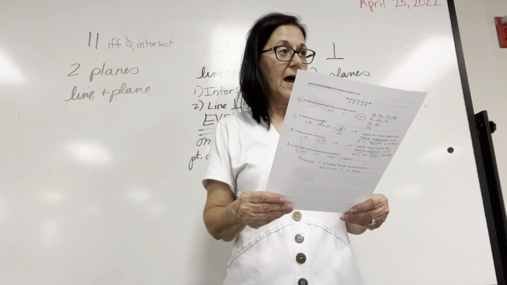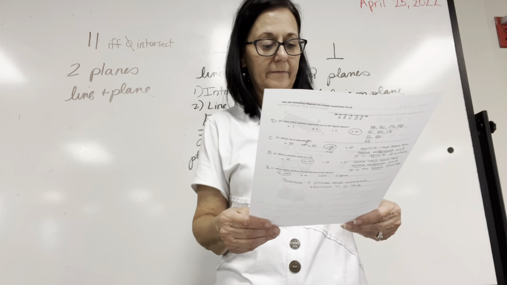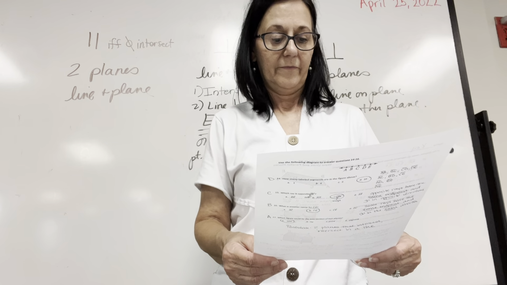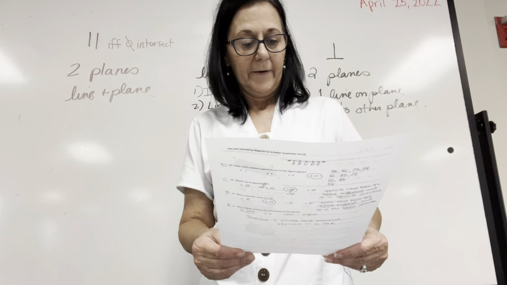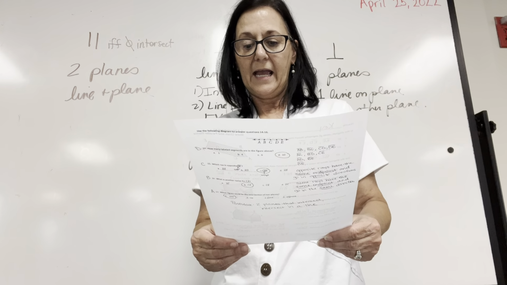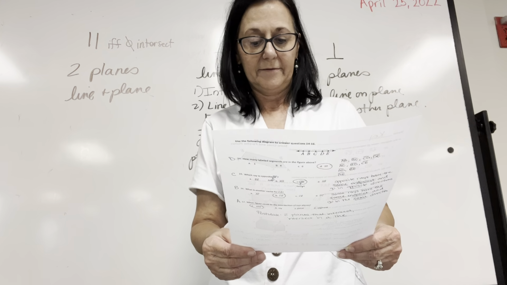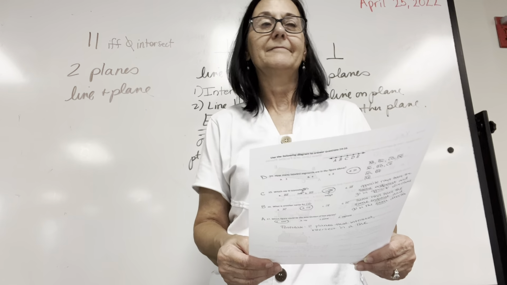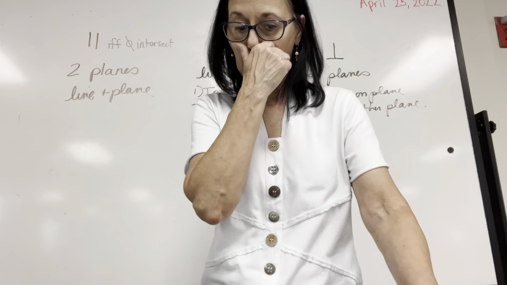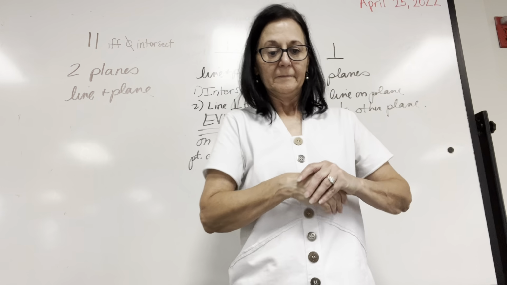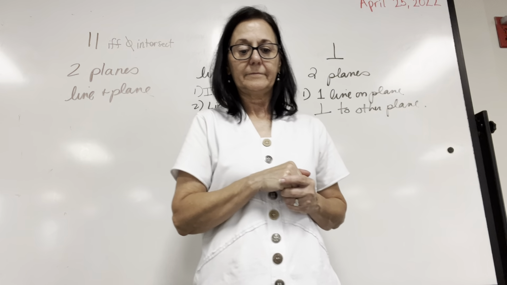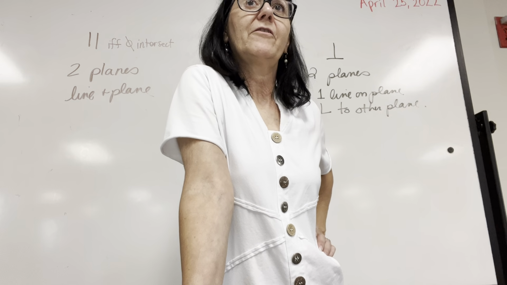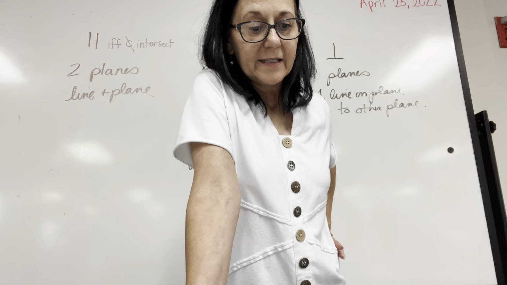All right, what about number 13, Ethan? CF and AJ. Would it be true? Anybody have any other thoughts? Okay, CF.